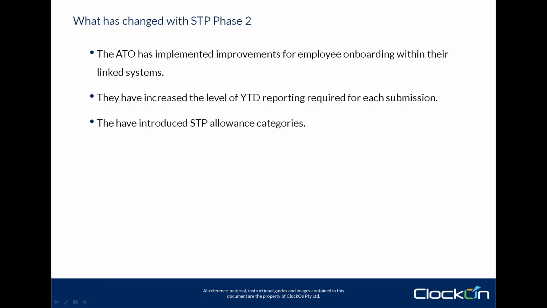So things like Medicare, workers' compensation, things like that now have a direct link into the STP system. Centrelink's another one. They've also, as I said, increased the level of information you need to report with each submission. And they've also introduced STP allowance categories.